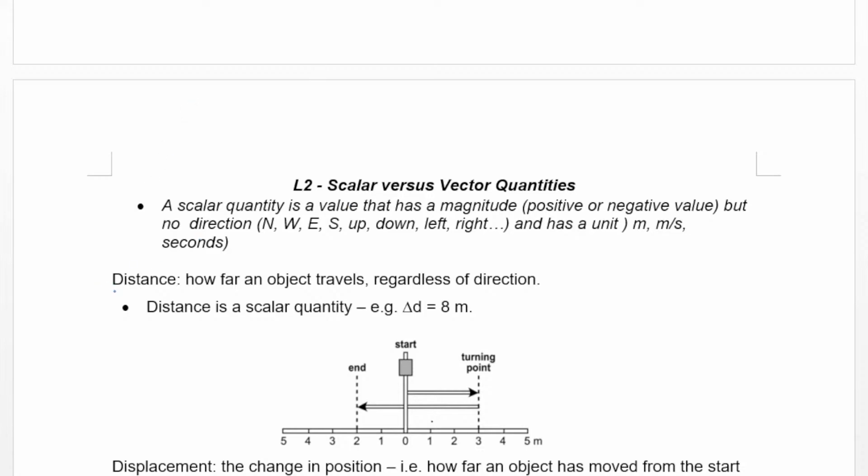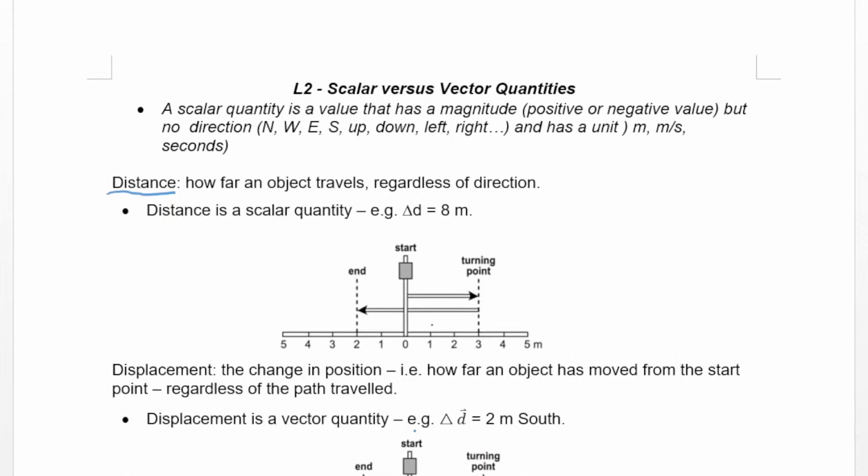All right, so distance, in the colloquial sense, is how far something traveled, 5 meters, regardless of direction. So in this case, for example, this person started here, moved right for 3 meters, then moved left 1, 2, 3, 4, 5 meters, so the total is 8 meters. Distance traveled is 8 meters. In physics, we need to be more specific.